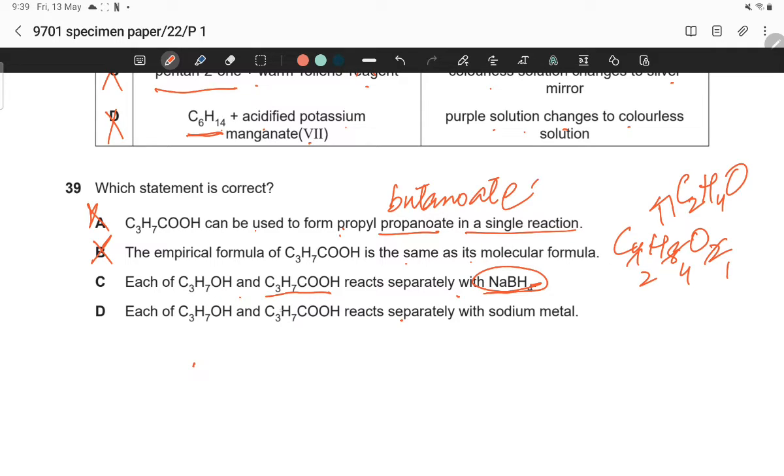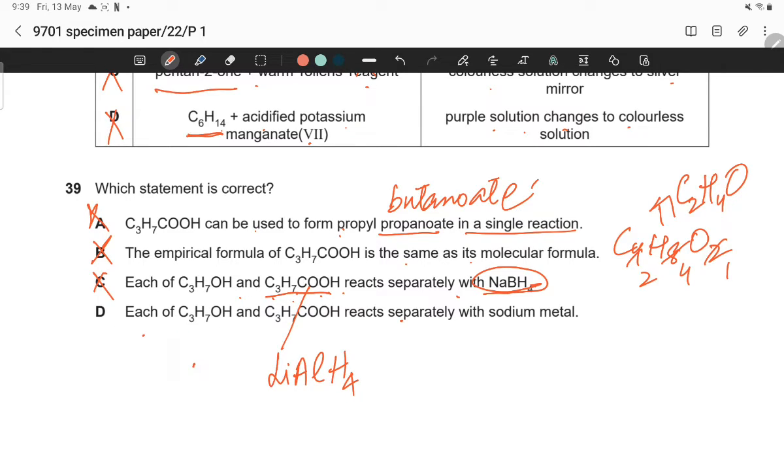C3H7COOH cannot be reduced by NaBH4. It can be reduced by using lithium aluminium hydride. So this is also incorrect.